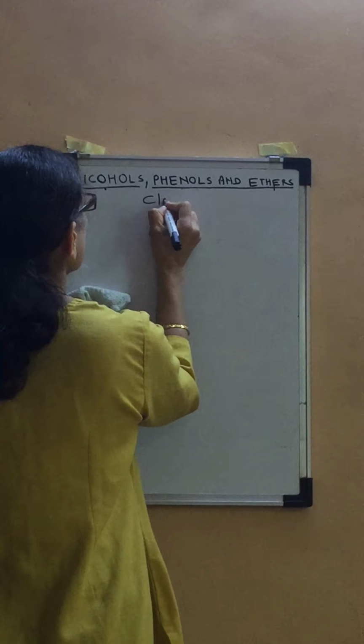Both of them contain hydroxyl group. So based on the number of OH groups, alcohols and phenols are classified into monohydric alcohols or monohydric phenols, and we can have polyhydric.